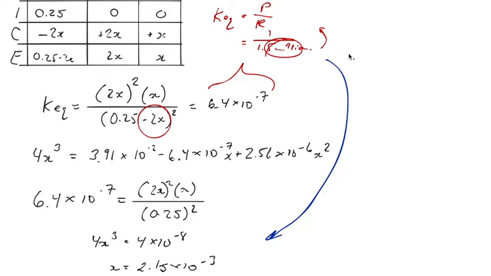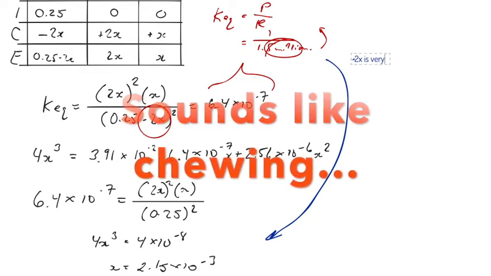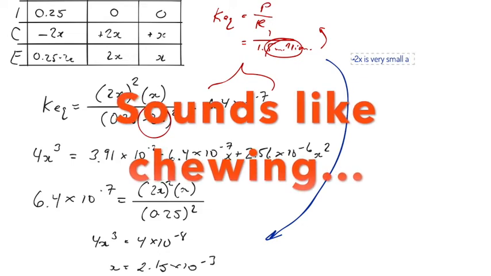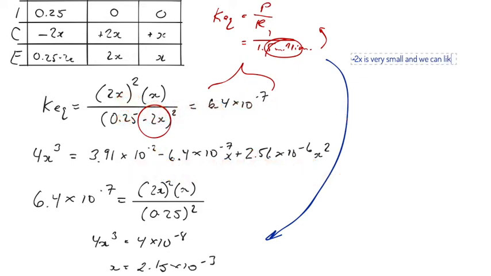It turns out that the minus 2x that we have is very small, and we can likely ignore. We're making a hypothesis here. We're saying we're going to ignore it, but we don't know if this is a valid assumption. We're ignoring it because we see a very small amount breaks off over here, but this is something we're going to have to check or validate later on.